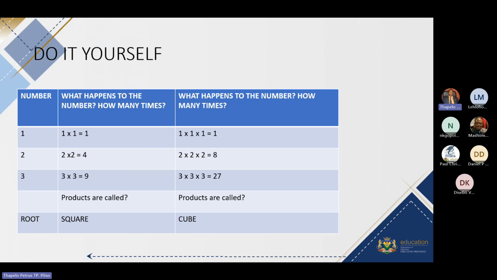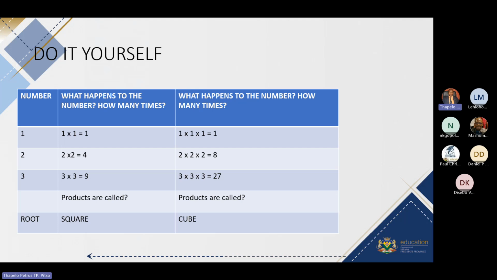We can see 1 multiplied by 1 gives us 1. Always link it to the number. What is happening to the number? That number 1 is being multiplied to itself. How many times is it multiplied to itself?